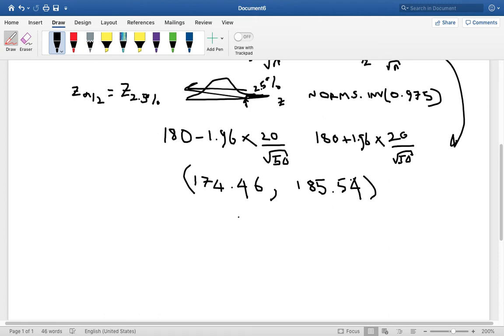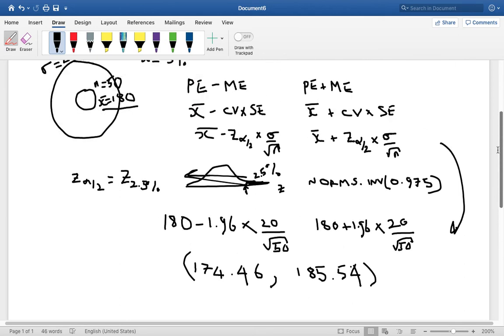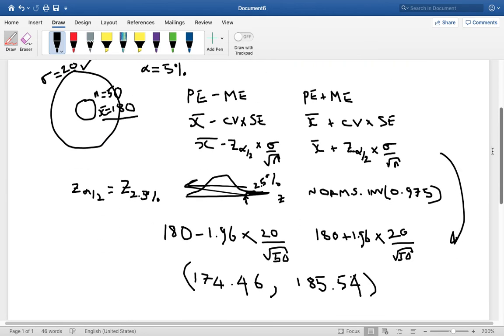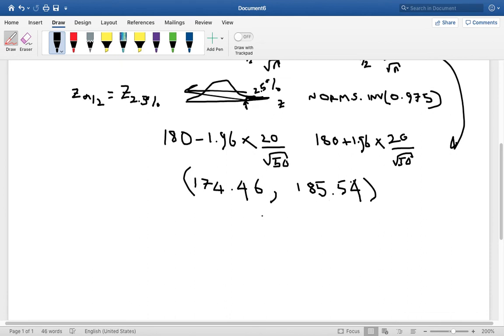But there's a 5% chance, because this is 95% confidence, that the true average flight time from LA to Chicago O'Hare is not in that range. But it's more likely than not that it is in that range because it's a 95% confidence interval.